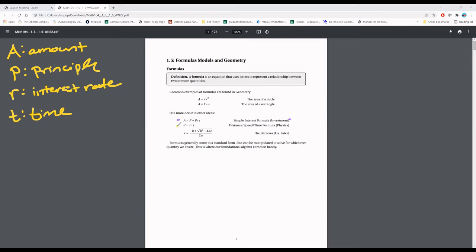We see formulas in physics. Here's a physics formula. It's actually going to show up in our class over and over again. Very useful formula. The distance, speed, time formula. We have D stands for distance. R here stands for rate as well, but in this case, it means a rate of travel. So we say speed.